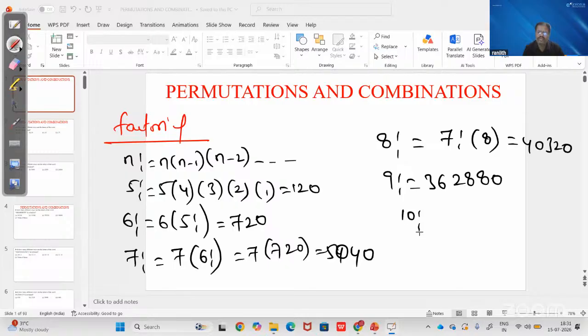Whereas 10 factorial equals 10 multiplied by 9 factorial, which is 3628800. This is about factorial values.